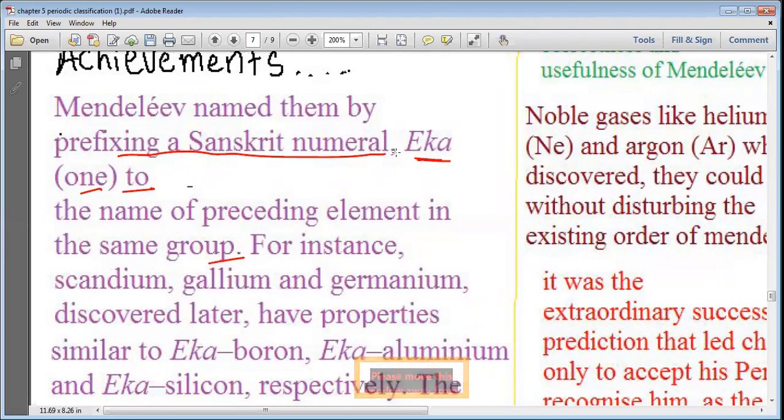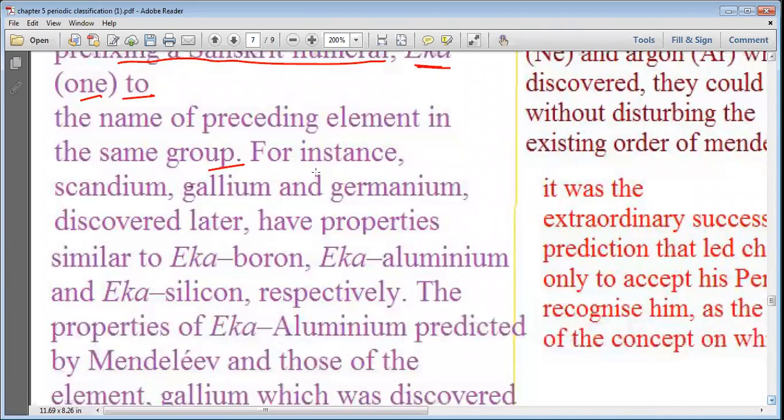So if there is a gap in a particular group, then just before the next element, he put the word eka before the preceding element in the same group.